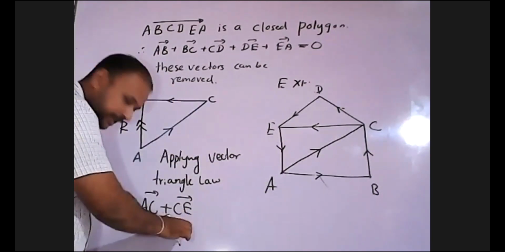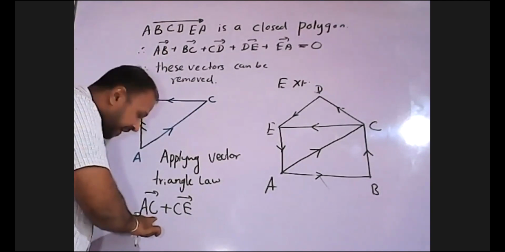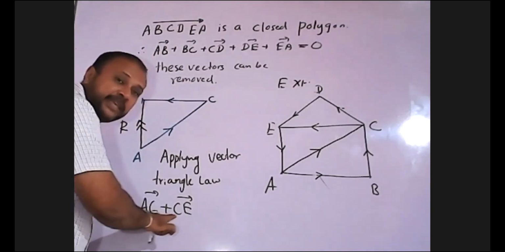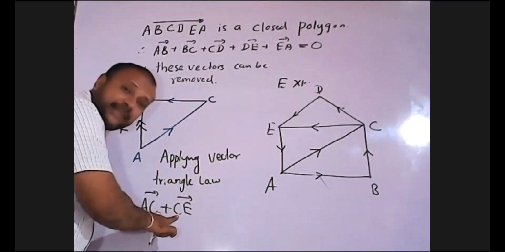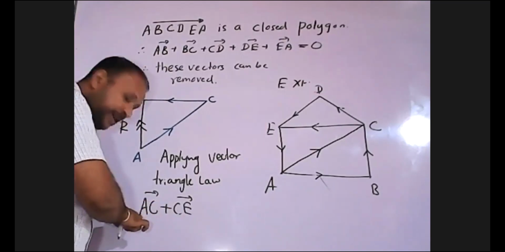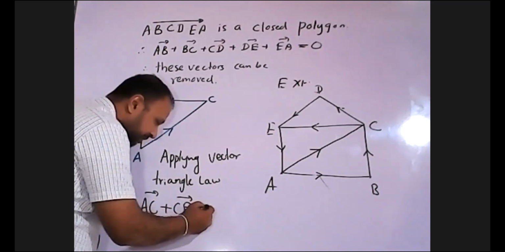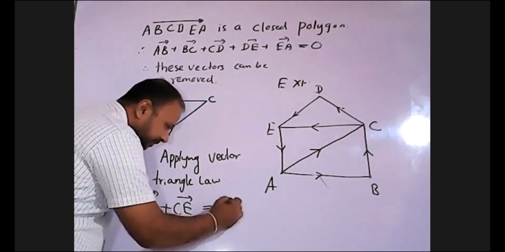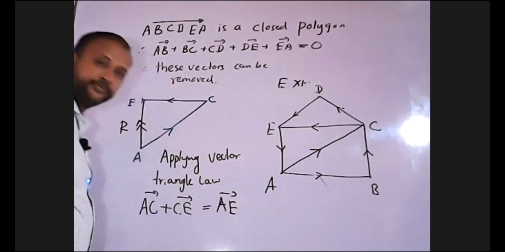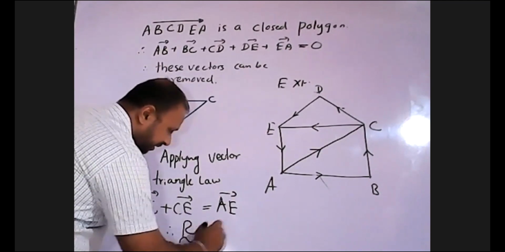The end point and the starting point are the same. That means they coincide. Therefore, the resultant should be from this starting point to this end point. That means AE. Therefore, the resultant vector is AE.